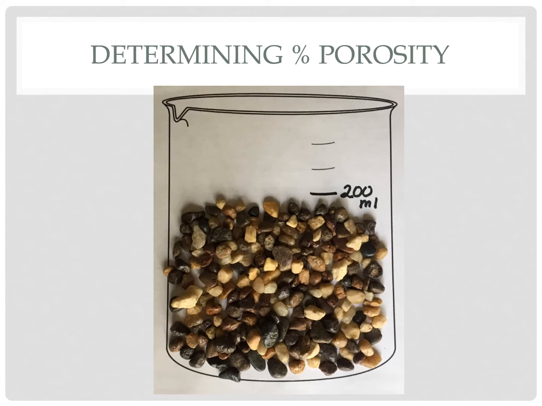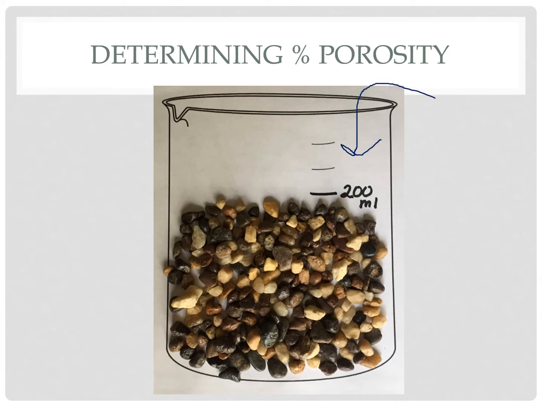If you remember, we took a beaker and we filled it to 200 milliliters, to that mark, with gravel. You also did a beaker where you filled it with sand and a beaker with your soil from school. But I used the gravel, I thought it was the easiest to see. So we filled it to the 200 milliliter mark with the gravel. And then if you remember, you slowly added water.